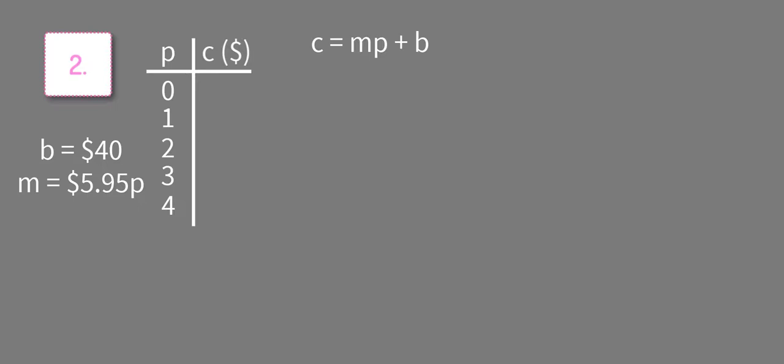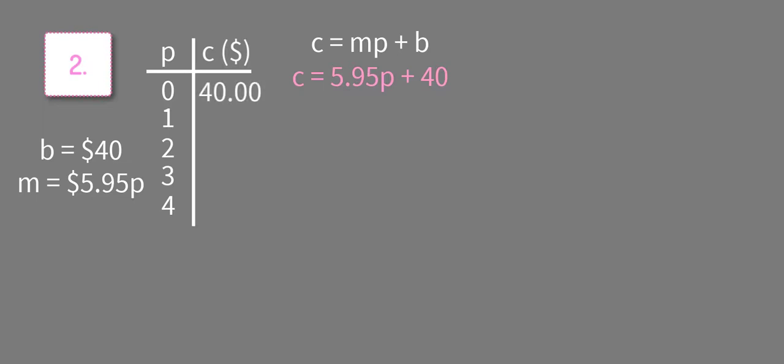So now we just plug that in to give us cost equals 5.95 times the number of premium channels plus the $40 they charge regardless of whether you have any premium channels or not. So we already know that for premium channels equals 0, our cost is going to be 40.